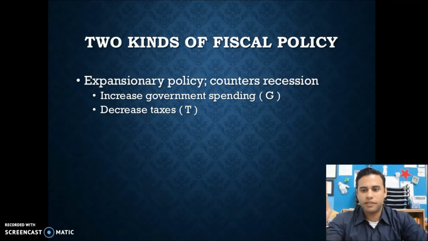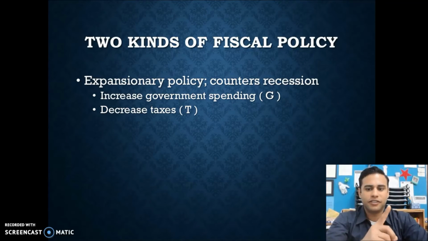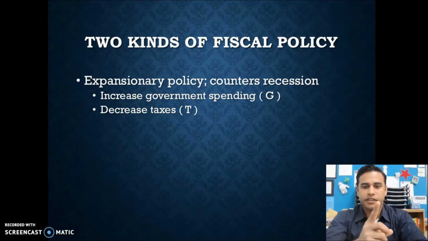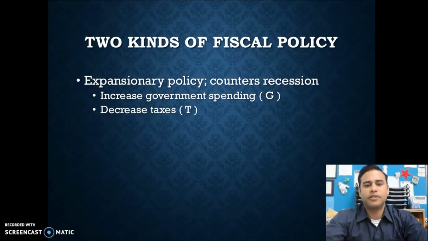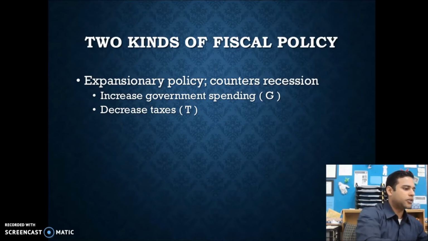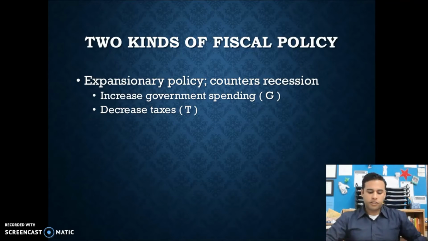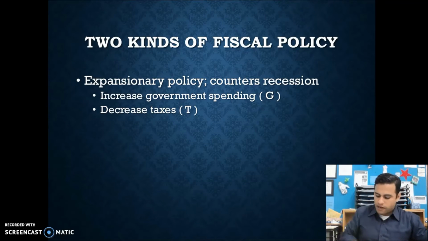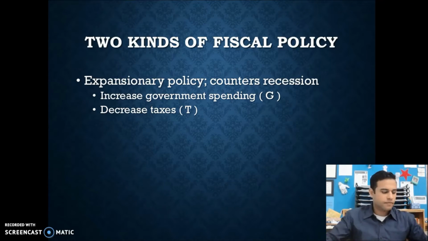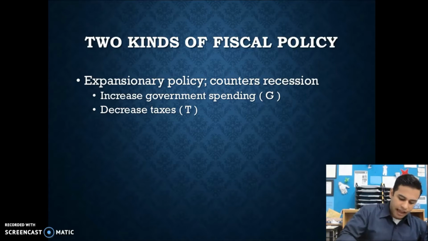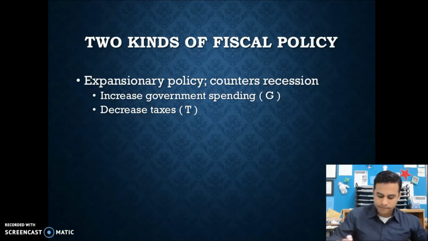Okay, how do we achieve that? Well, increase government spending, because now all we're doing is increasing G, we're increasing government spending, and decreasing taxes. I already kind of illustrated that relationship to you. Households get taxed less, they spend more. So what are we actually trying to manipulate here? We're trying to manipulate consumption spending and government spending. Okay, so we have Sig X, right?